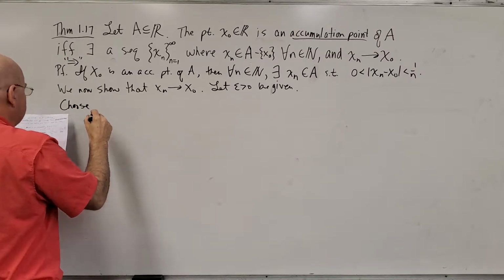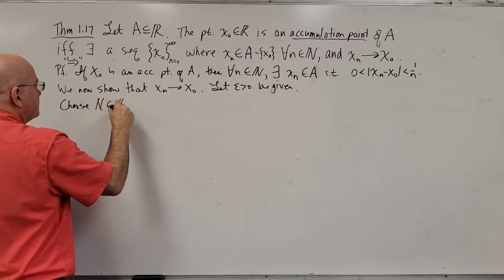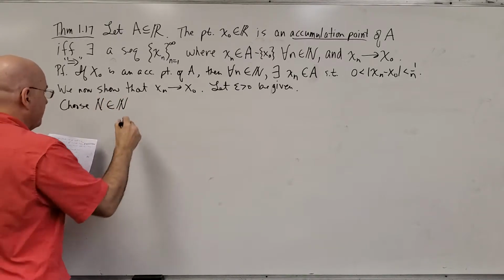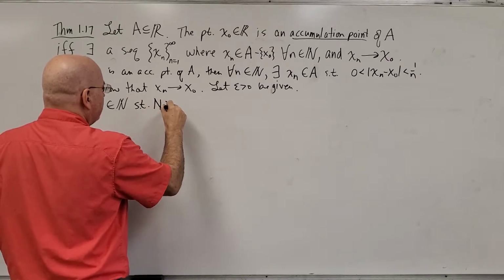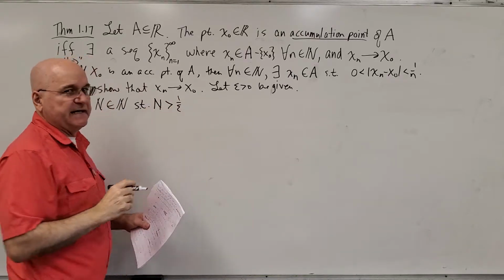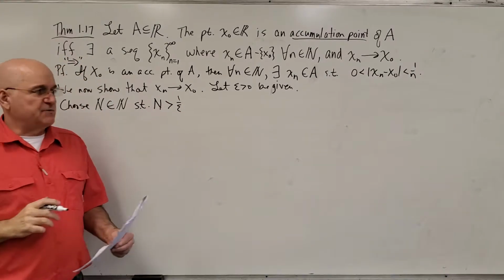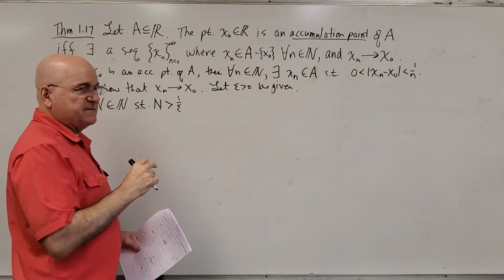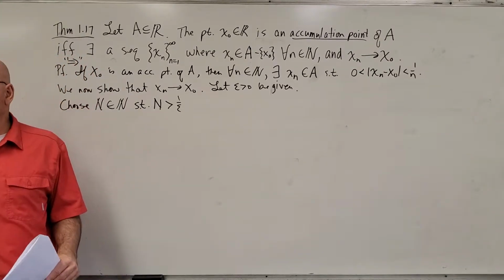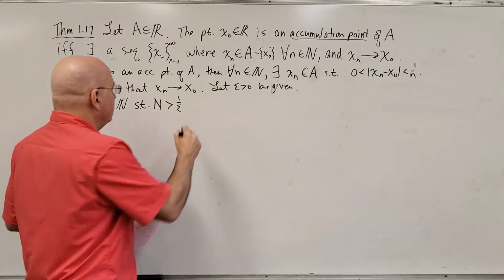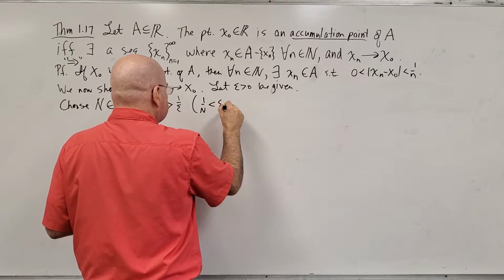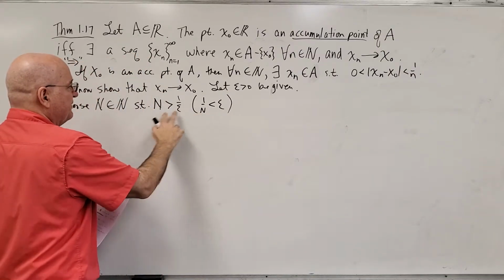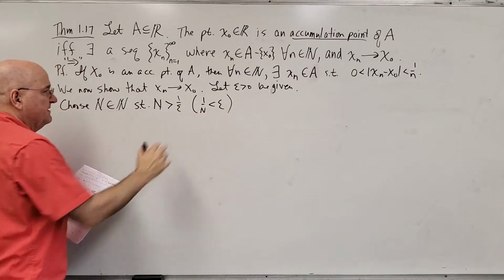We're going to choose a capital N in the natural numbers such that, and this is something we've done before, I want n to be big, at least relatively speaking. If epsilon is small, I want n to be very, very big. And what does that mean? That means that 1 over capital N is less than epsilon. This is just rephrasing that. They mean the same thing.